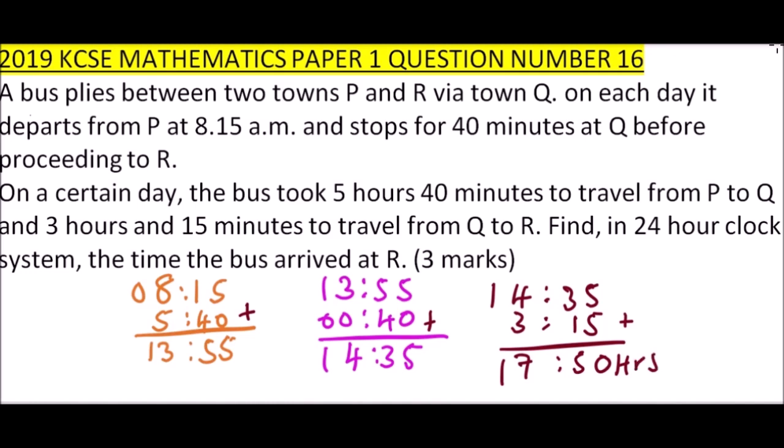So that is the time it got to town R, 1750 in the 24-hour system, which is the same as 5:50 p.m. In common language, we can say it arrived at town R at 10 minutes to 6. That is how you work it out. Very simple, and you get yourself 3 marks.